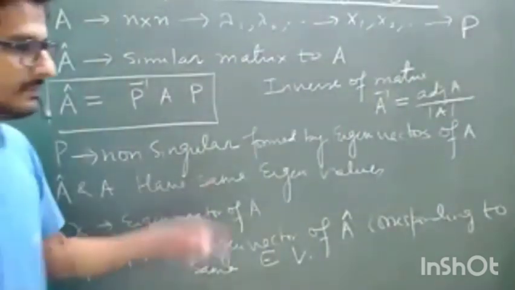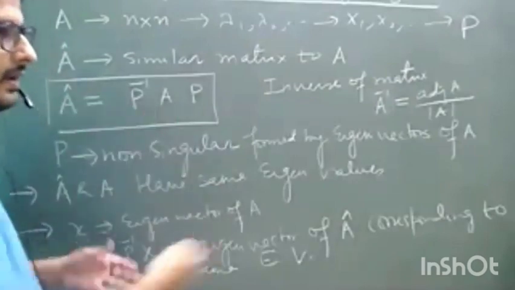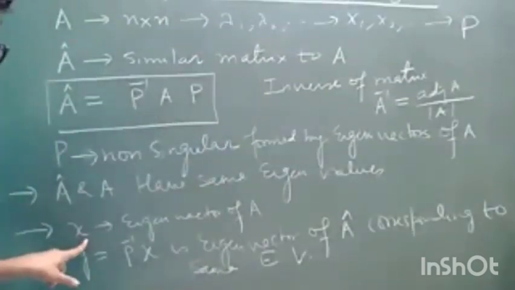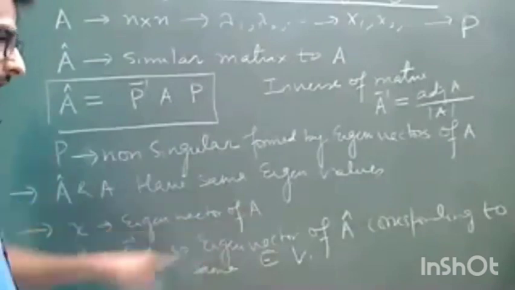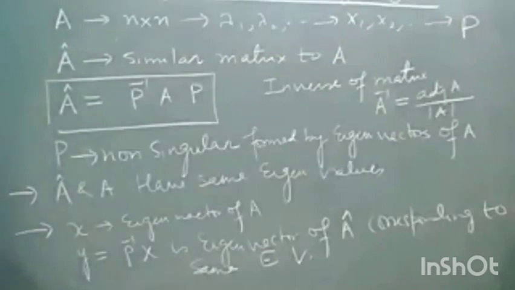So these things many times they ask. The language is such that if you don't understand this especially, see, X is an eigenvector of A, then Y is an eigenvector of A cap by writing Y equal to P inverse X. Sir, does the order in which we put the eigenvector columns matter?